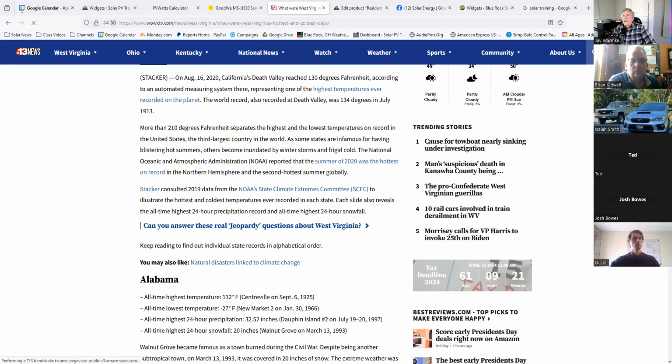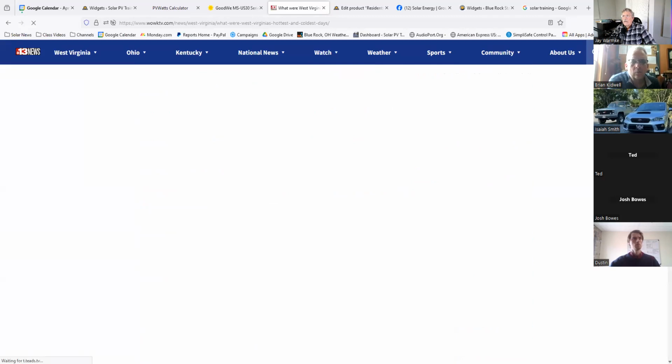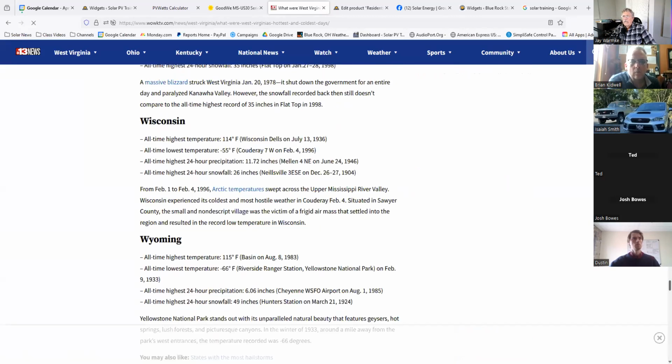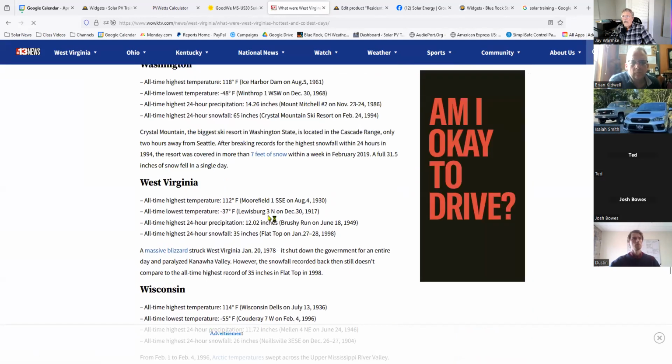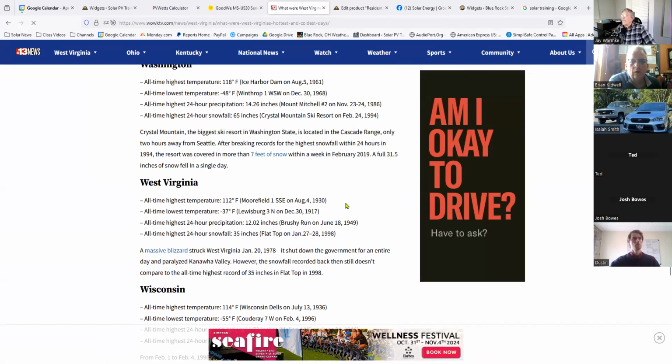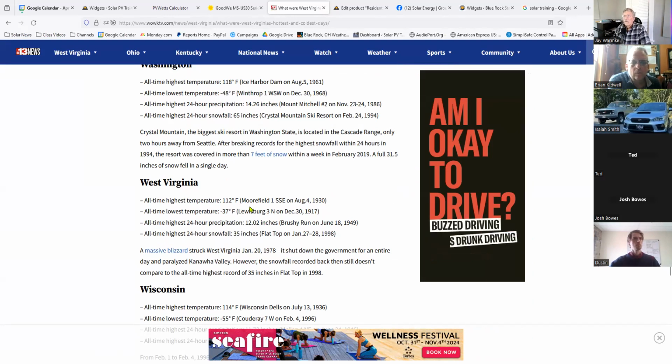Well, they're saying that Death Valley, Alabama. Oh my, this is going all the way. West Virginia. All-time highest was in Moorfield. What do you know? Oh, that's close. Yeah, 112 degrees Fahrenheit. And the coldest day ever was in Lewisburg, minus 37. So we'll use those.